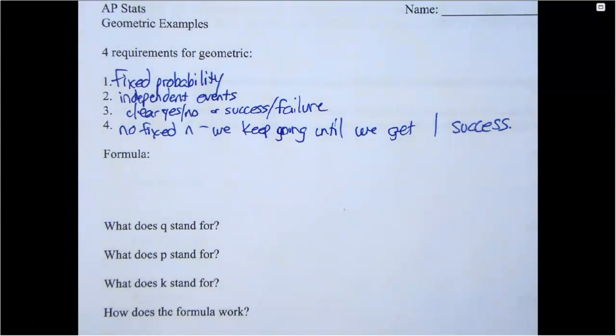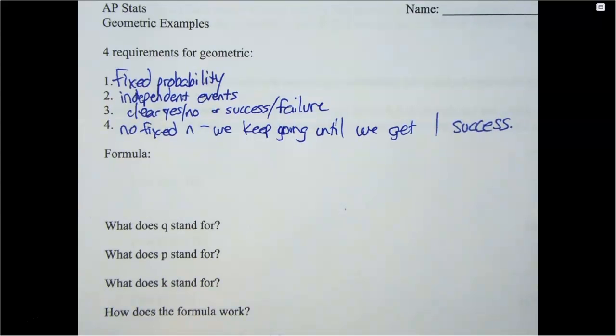So you're going to roll a die until you get a 3. We're trying to figure out how many times that would take. Like, what's the probability of getting it on the first roll, second roll, third roll, fourth roll? But once you get it once, you're done. The experiment's over. So once Maui shows up to school, the experiment's done. Move on. So the formula is on the board too, and those will be up there for your test. All that stuff will be up there.